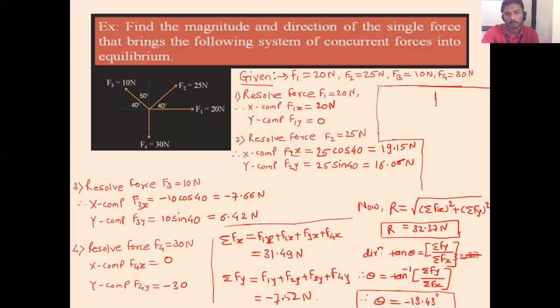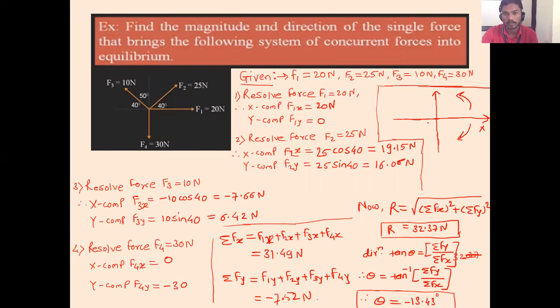I told you quickly, if the angle is positive and if the angle is negative, how to take that. If the angle is positive, then we have to measure that angle with respect to the positive x-axis in the anti-clockwise direction. If the angle is negative, then we go clockwise.